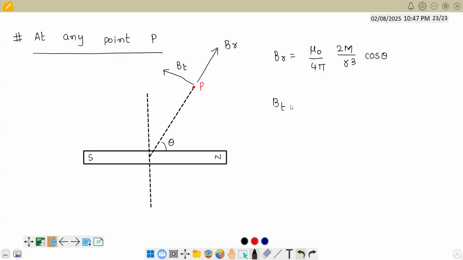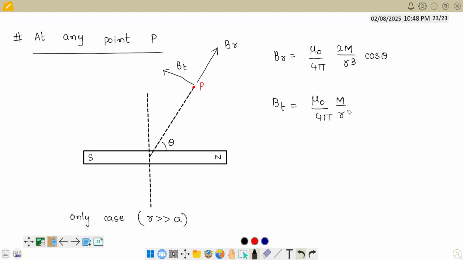Similarly, B tangential would be mu naught by 4 pi. Here, we will only take a case where theta is very small. In this case, r has to be much greater than a. If r is not greater than a, this would become very complicated. You won't solve that. We will only take the r greater than a case.